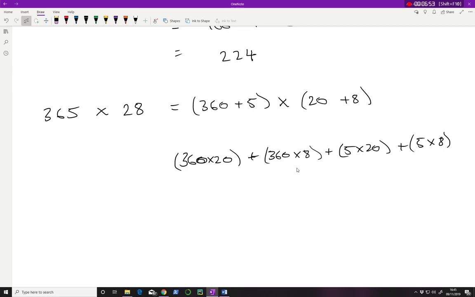And all I have to do is add 3 zeros. So if I just do this in red, well, I know that 360 times 2 is going to be 720. And all I have to do is add another 0. So that's going to be equal to 7,200. I don't know what this is yet. That's going to be equal to 100. And this is going to be equal to 40.